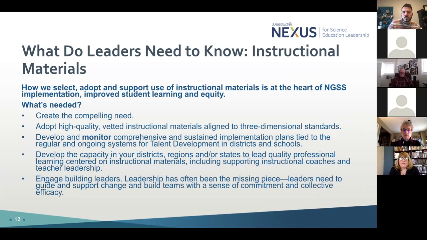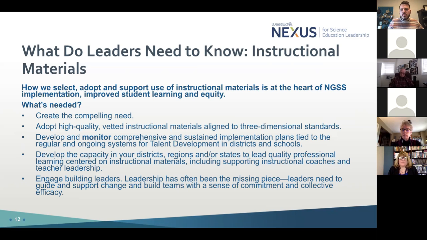That too often we've thought about the next science adoption, or the next redo in the summer of what we're going to do around the new standards, as just a one-shot event where we bring everybody together, we figure out what we're going to do, and then roll it out in the next school year.